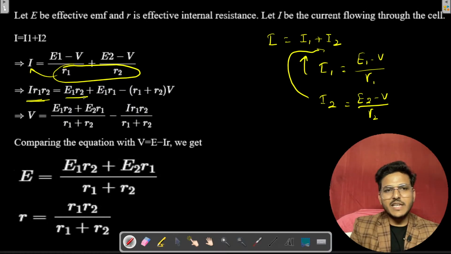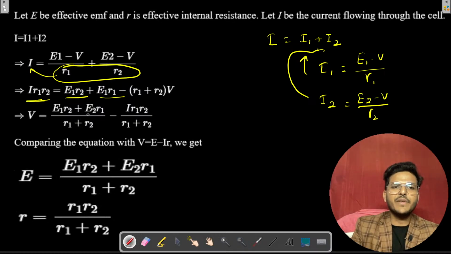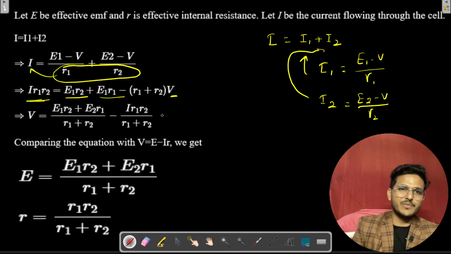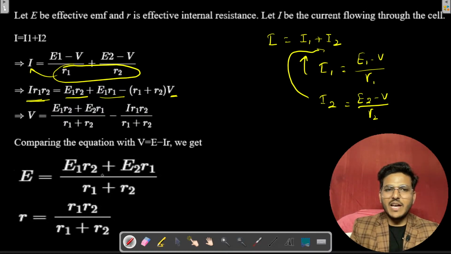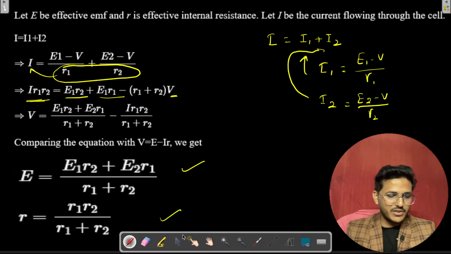I R1 R2 equals E1 R2 plus E2 R1 minus (R1 plus R2) times V. So V equals E1 R2 plus E2 R1 upon R1 plus R2 minus I R1 R2 upon R1 plus R2, and the effective internal resistance R equals R1 R2 upon R1 plus R2. This is the expression which we want. Done. Moving to next.